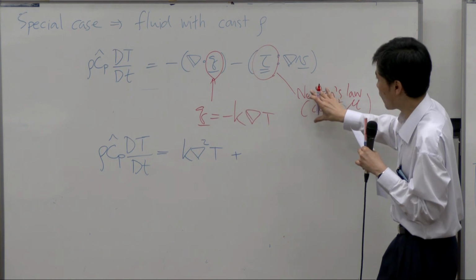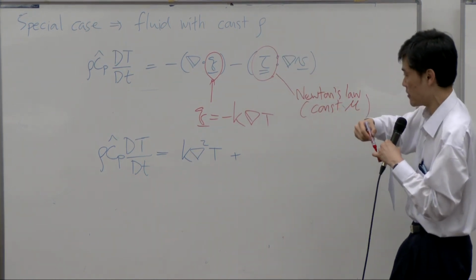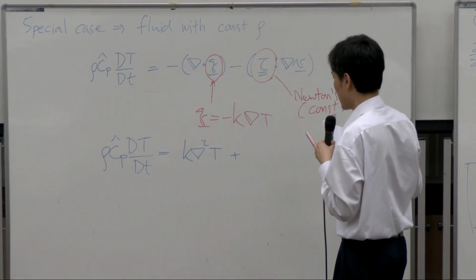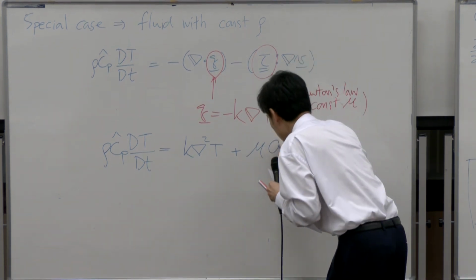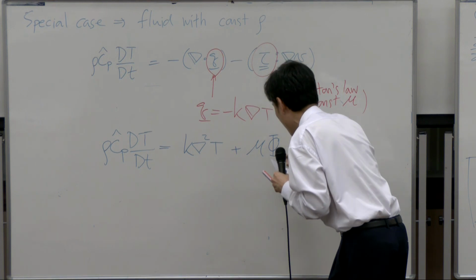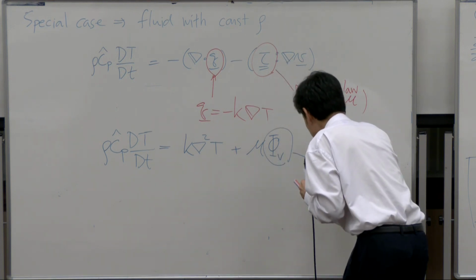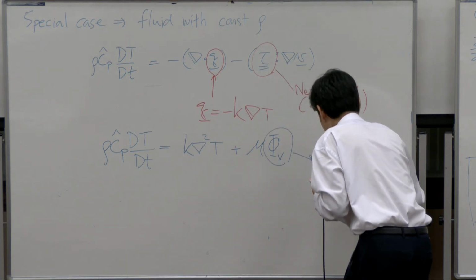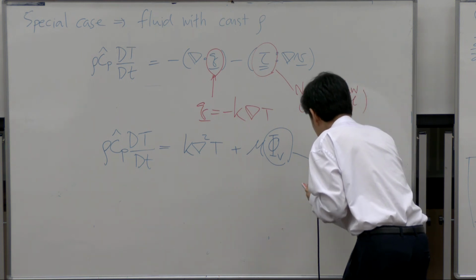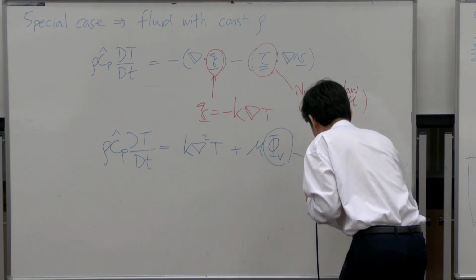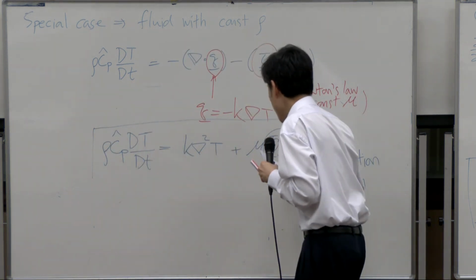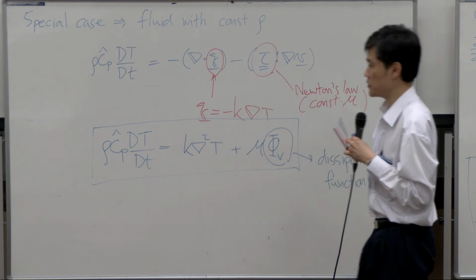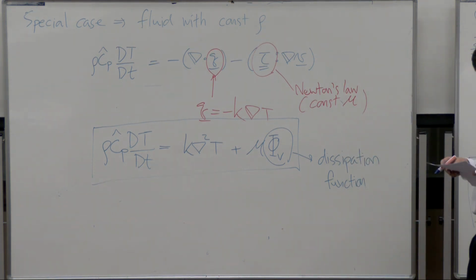If I use Newton's law, I can replace the whole term here into something a little bit simpler. You get constant viscosity times what we call here is dissipation function. This would be an equation that we will use for examples.